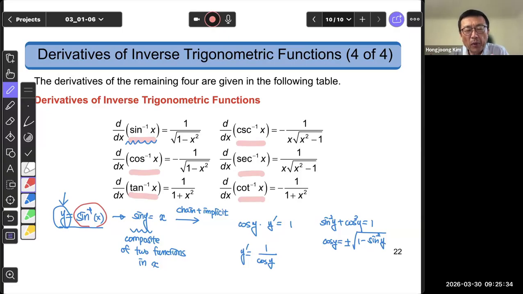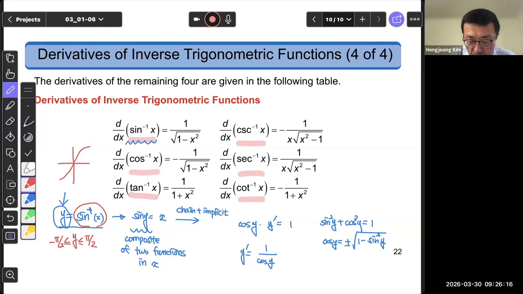In other words, the domain of the sine function must be restricted so that the sine function becomes one-to-one, and so that we can think of its inverse. So when I think of this arcsine, the inverse of the sine function, the y variable must be restricted between minus half pi and half pi, so that the sine function becomes one-to-one. Please remember that on that interval, your sine function will be one-to-one.